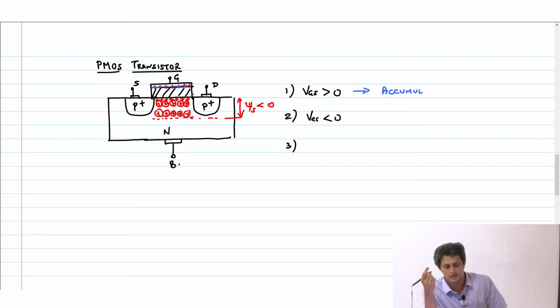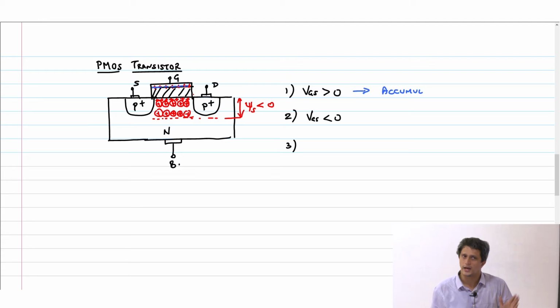Strong inversion means that the concentration of holes at the surface is as much as electrons in the bulk, and then you apply your same derivation and you will get your current equation very nicely. The only important thing to note is holes are your charge carriers in PMOS transistors, while electrons were the charge carriers in NMOS transistors.